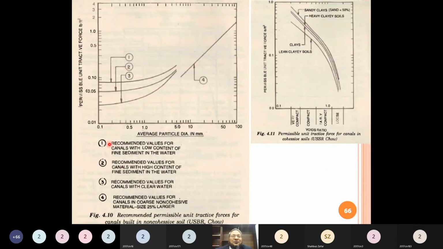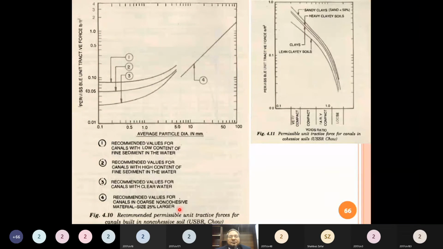And this graph 2 is for canal having high content of fine sediment. And graph 3 recommended values for canal with clear water. But actually you see that this is for clear water, this is for high sediment, this is for low content of silt. And number 4, this curve is for coarse non-cohesive material.